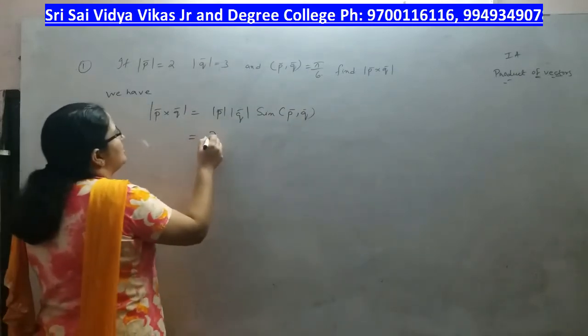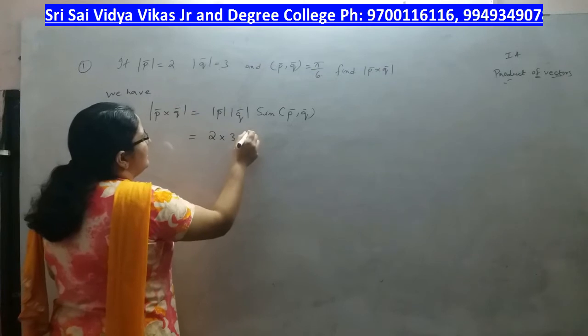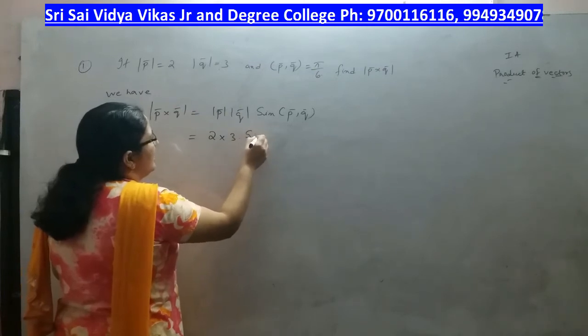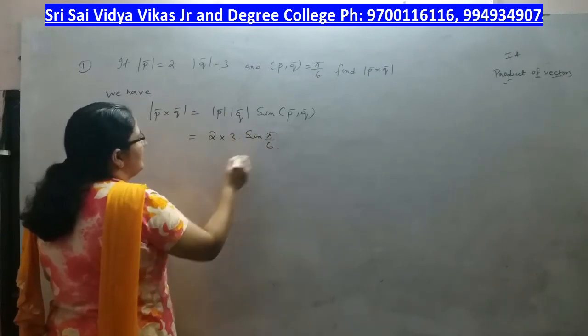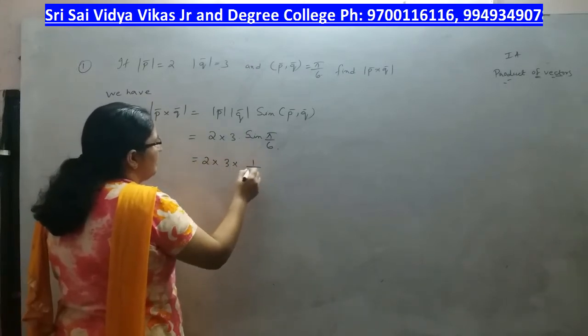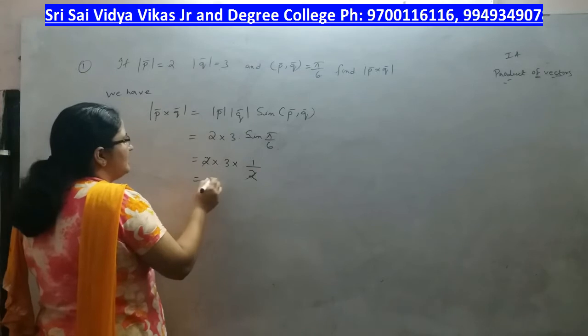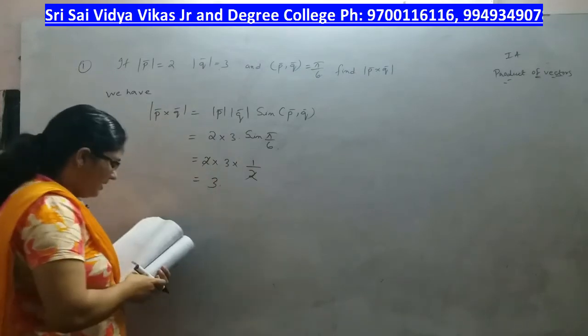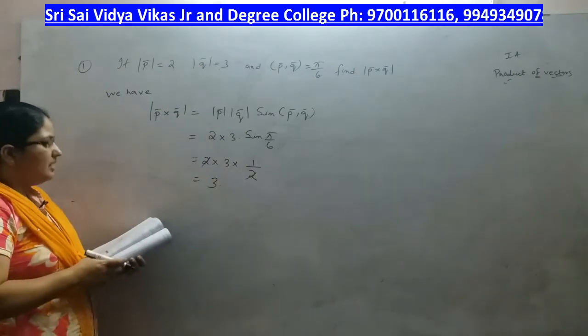Modulus of p bar is 2, modulus of q bar is 3, sine of pi by 6 is sine 30, which is 1 by 2. 2 into 3 into 1 by 2, so 2 gets cancelled, you have 3. So the answer is 3.